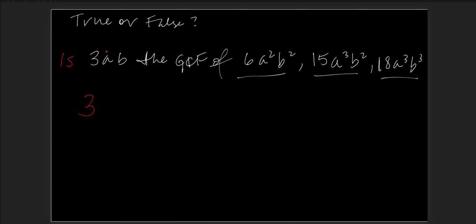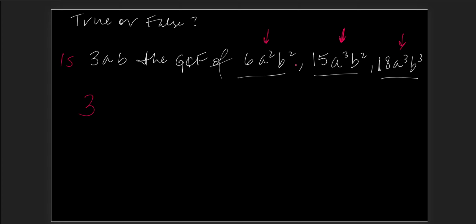Now we look at the A's. So here's the A's. This one has 2 A's, this one has 3 A's, and this one has 3 A's. And so what we're asking is how many A's, what's the maximum number of A's that each term here has in common?